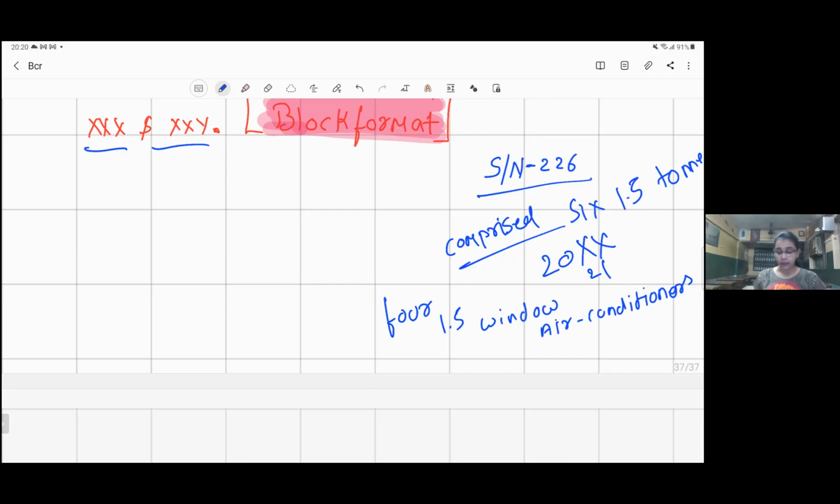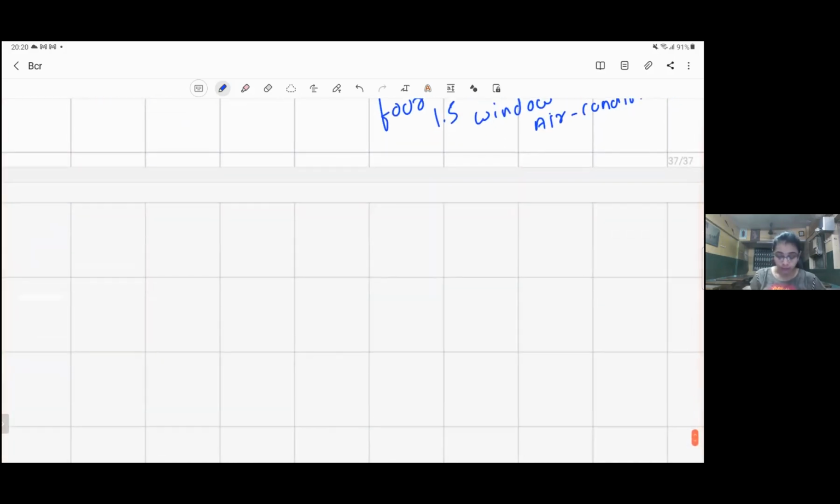Whenever you all are writing the paragraphs in block format, you all are not leaving two finger space and starting from here. You all are starting from here. Clear?